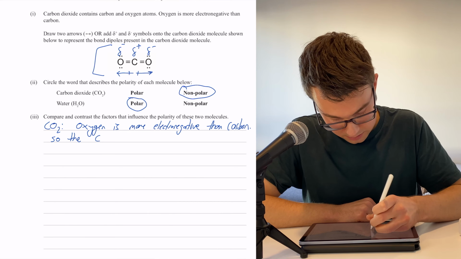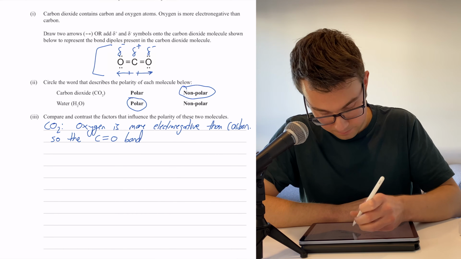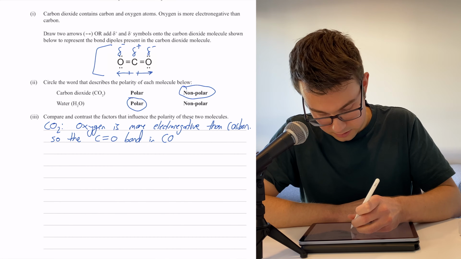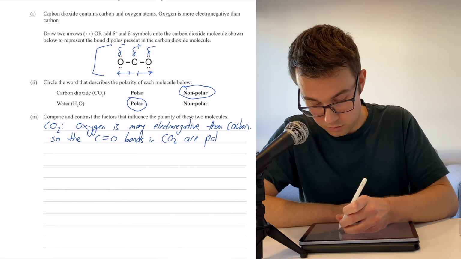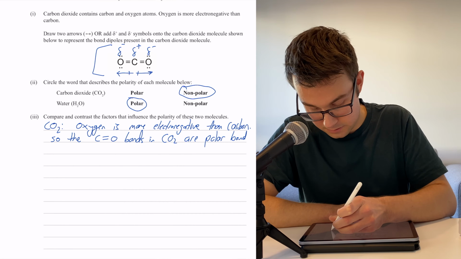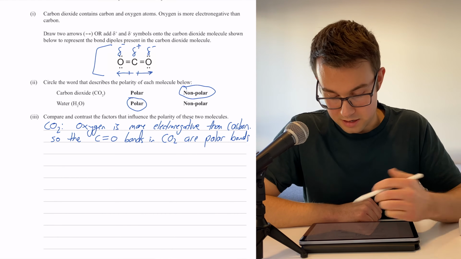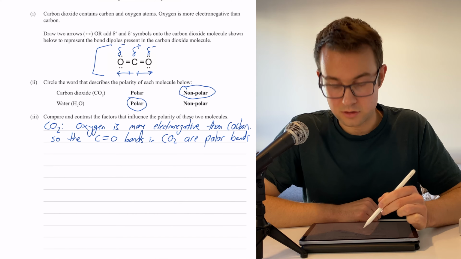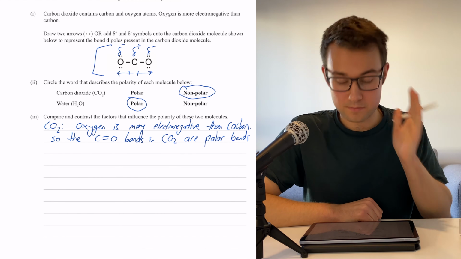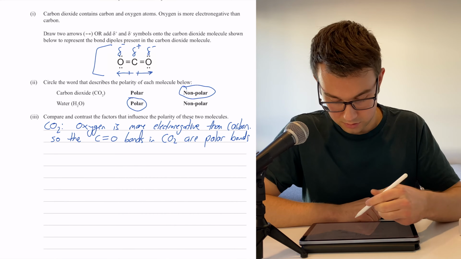So, the C double bond O bonds in CO2 are polar bonds. That obviously makes sense because there's a difference in electronegativity between the carbon and the oxygen. So one side's going to be slightly more negative and one side's going to be slightly more positive. So they're polar. Perfect.